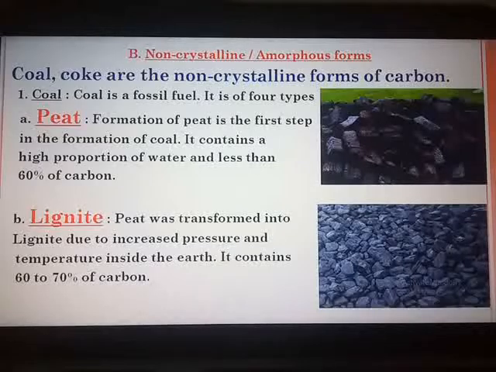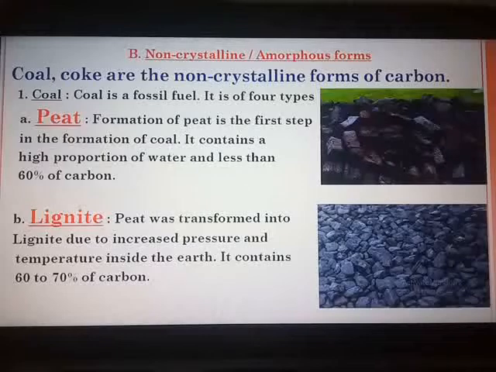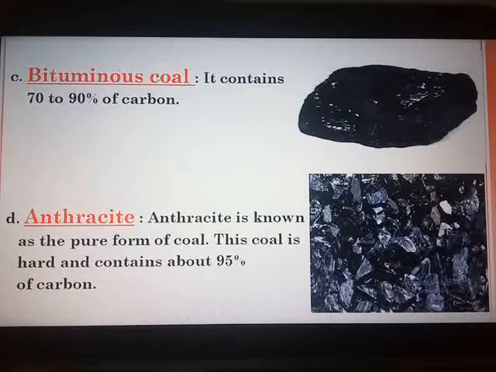The next step in the formation of coal is lignite. This peat was transformed into lignite due to increased pressure and temperature inside the earth. It contains about 60 to 70% of carbon. The third step is bituminous coal. It was formed as the third step and contains about 70 to 90% of carbon. See, in each step as you move ahead, the percentage of carbon is increasing.